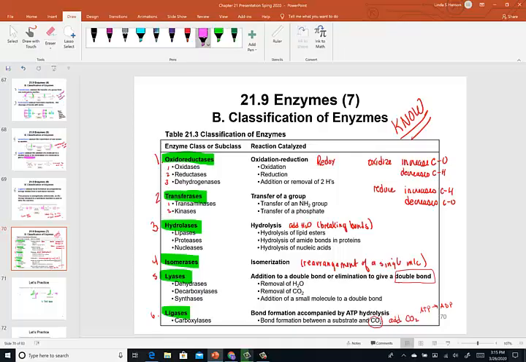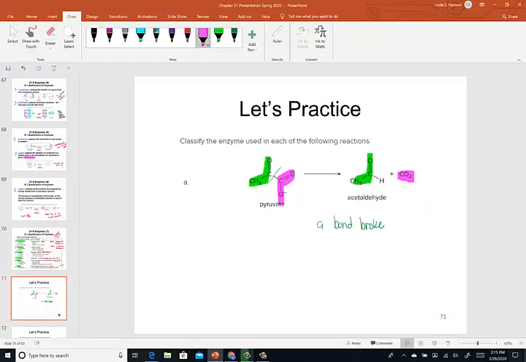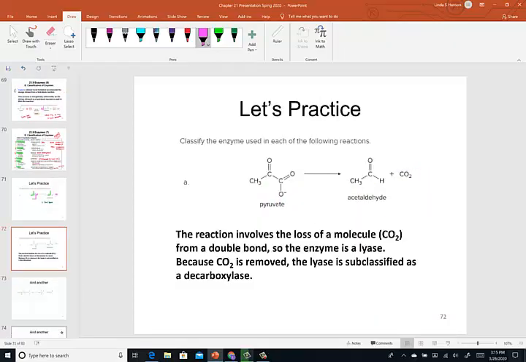Did you see the removal of a carbon dioxide? What are you thinking? The reaction involved the loss of a molecule, carbon dioxide. It formed a double bond. Now you might not see that, but carbon dioxide, C double bond O. So the enzyme is a lyase. That's the answer we needed to hear.